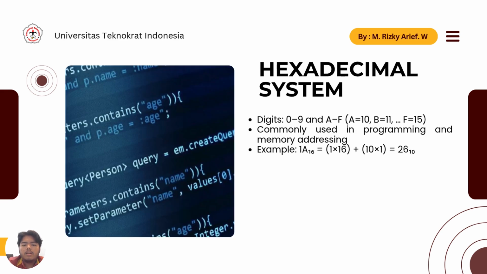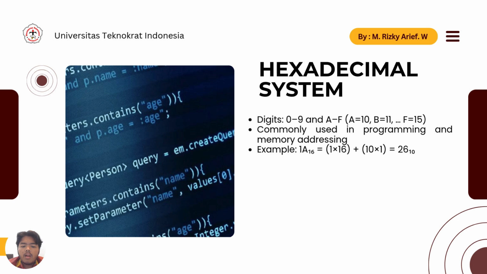Next, lastly, hexadecimal system, base 16. This system uses digits from 0 to 9 and letters A to F, where A represents 10, B is 11, and so on up to F, which represents 15. Hexadecimal numbers are widely used in programming and computer memory because they can represent long binary numbers in a compact way.